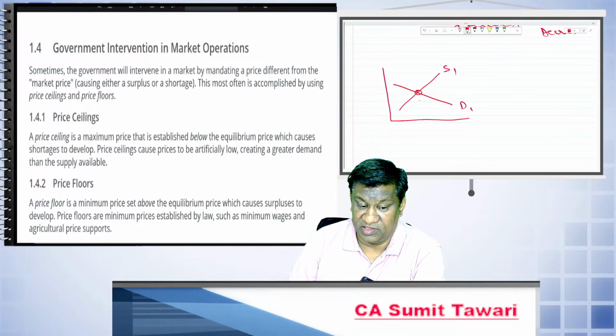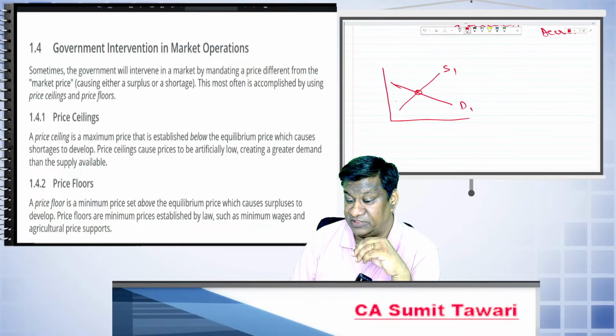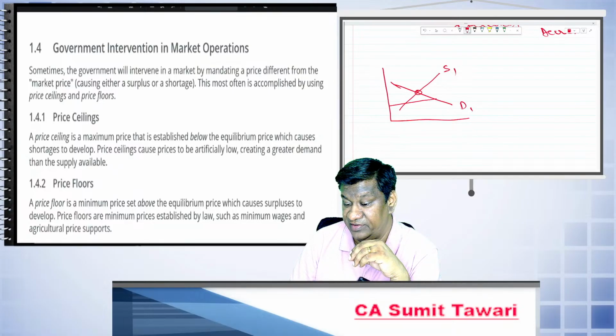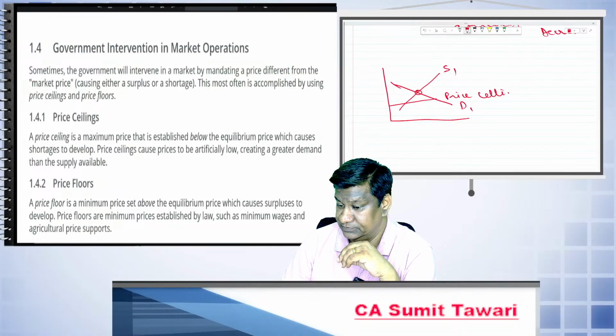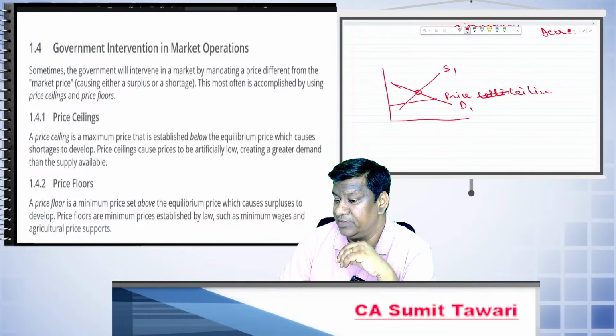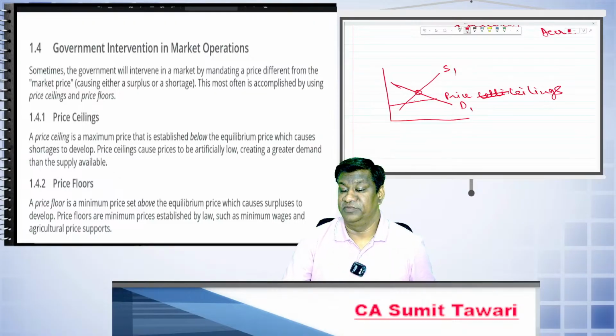But the government fixes the prices. Say for price ceiling, it means the maximum price you can charge is at this level. This is the price ceiling.